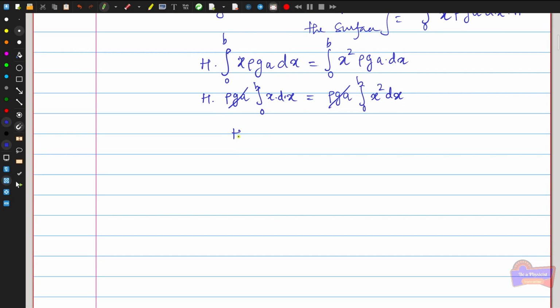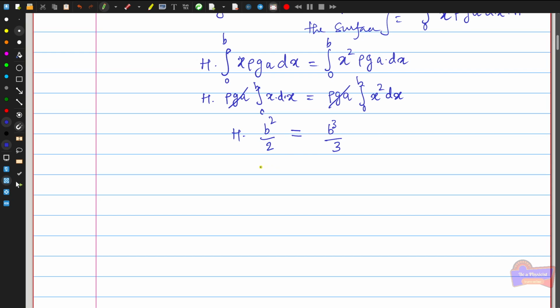Then I integrate with respect to x: I get x squared divided by 2, and substituting the limits, b squared divided by 2 on the left hand side, which is equal to x cubed divided by 3, and substituting the limits, b cubed divided by 3.